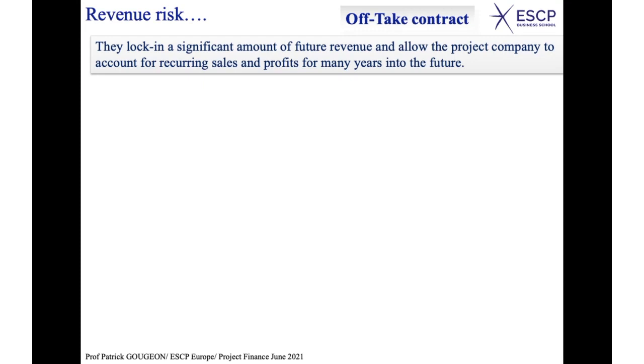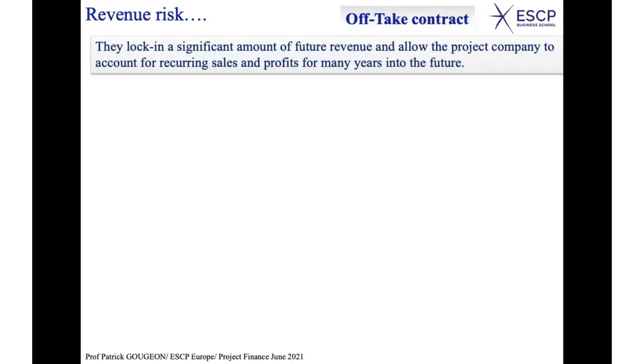In other words, the objective is to lock in a significant amount of future revenue and allow the project company to account for recurring sales and profit for many years into the future. Why? Because the objective is always the same, and you have to keep that in mind: you need to secure future cash flows. An offtake contract is a way to secure future revenues.